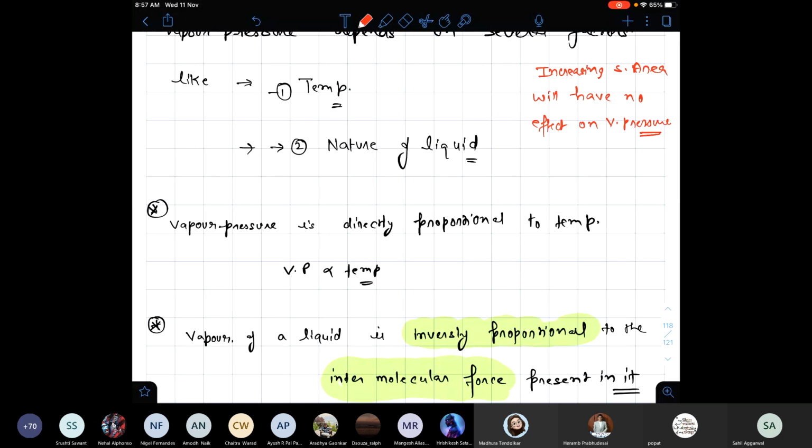You do not have to think like evaporation पे depend करता है, evaporation surface area पे depend करता है. If surface area increases, evaporation increases. If evaporation increases, vapor pressure increases. You do not have to think like that. It will depend only on temperature and nature of liquid.